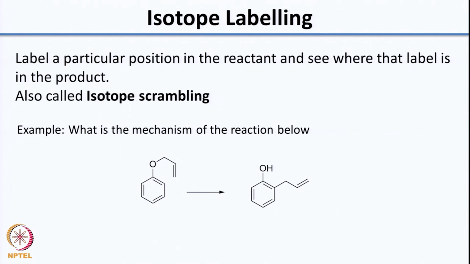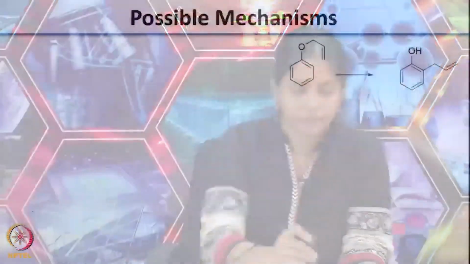What I want you to do first is write the mechanism for this reaction based on whatever you have studied in your textbook, and also think of other probable mechanisms that could be possible for this reaction. So, press the pause button and go ahead and write all these mechanisms. Let us see. One is the concerted mechanism.